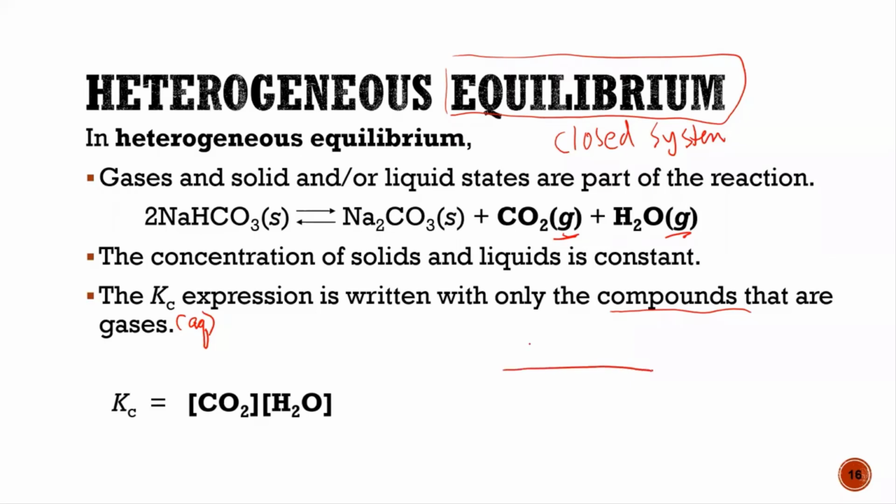It's a ratio. Products over reactants. And I look at my products. So I have sodium carbonate, CO2, and water. But this is a heterogeneous equilibrium because the sodium carbonate is a solid. I'm only going to write the gases as products in the numerator.